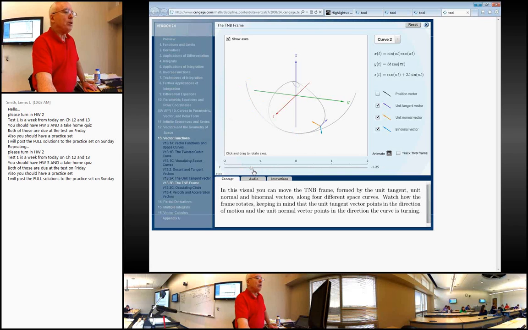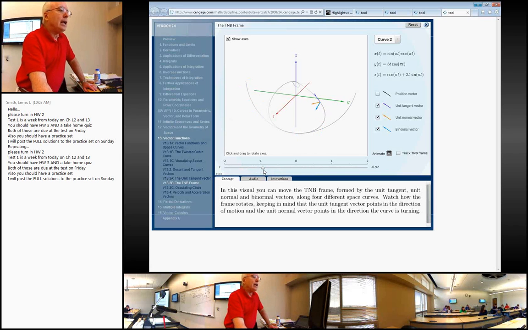And so that purple vector follows the curve, and now notice they're kind of upside down here, and now they're just going to all flip around as it goes through that loop. At all times, they stay perpendicular to each other.